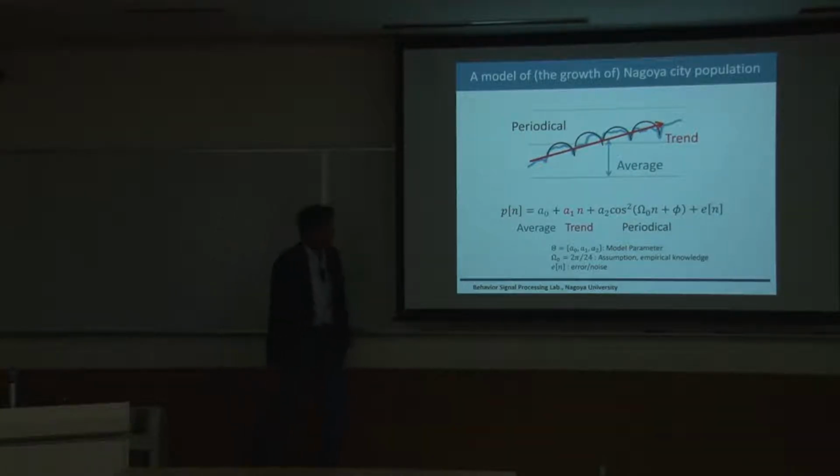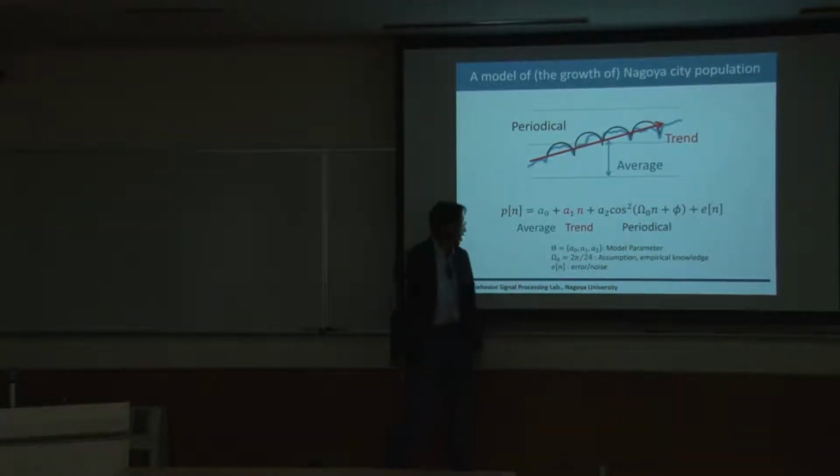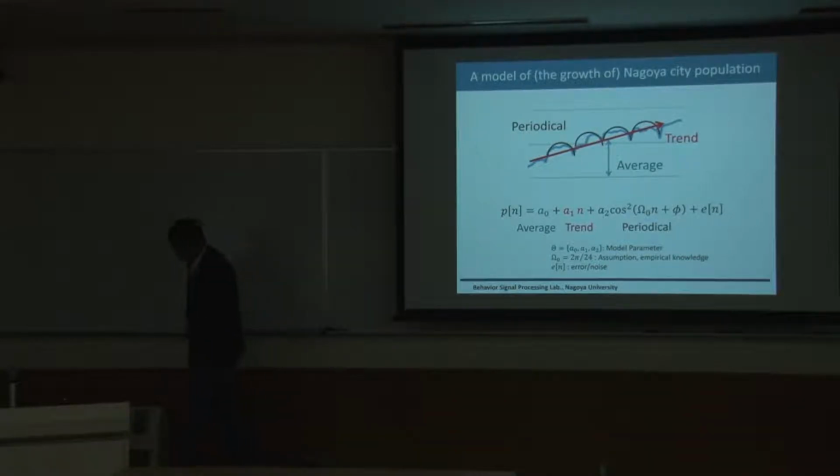And then you can calculate these values based on very simple procedures that I will describe later. Once you get this equation or function, that becomes a very nice description of the Nagoya city population, and you can use this equation for predicting the future population or extracting the sudden change from this trend.